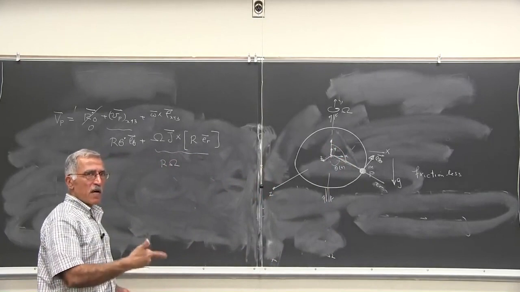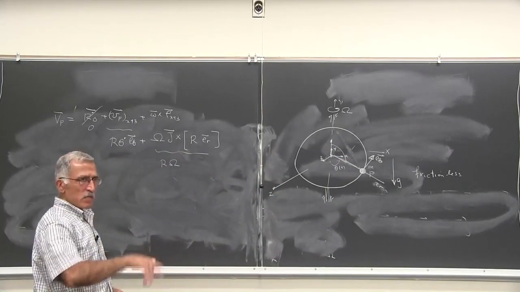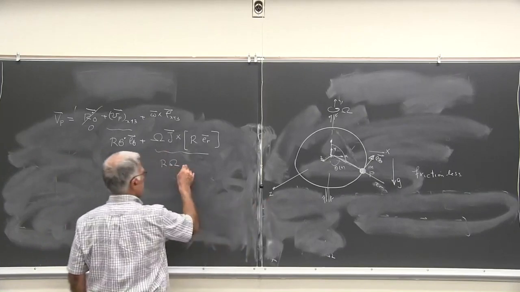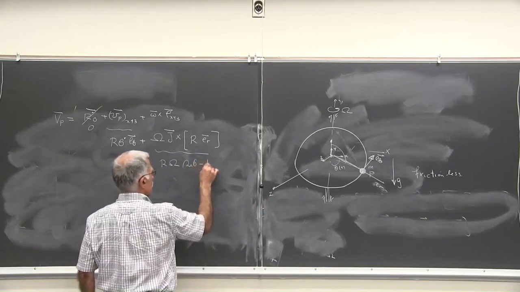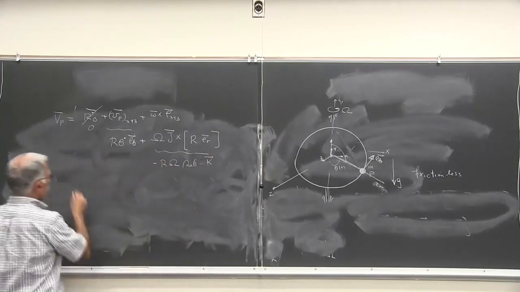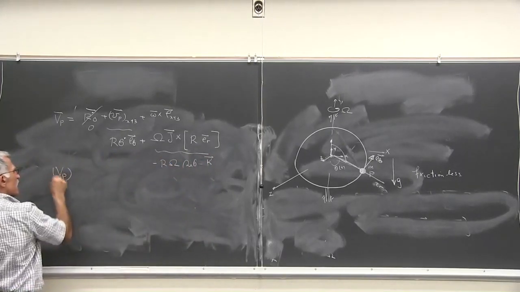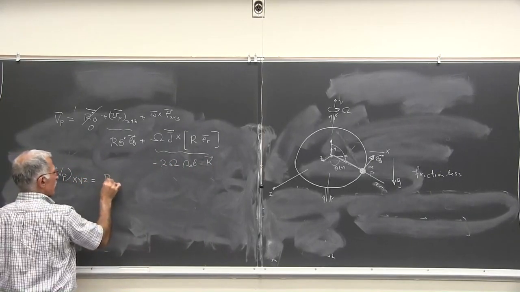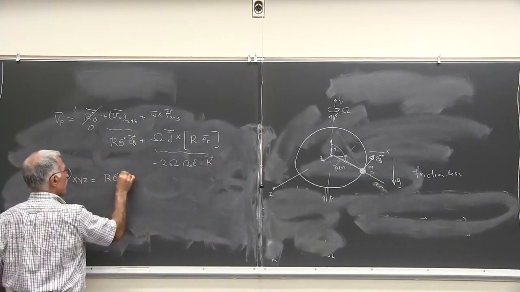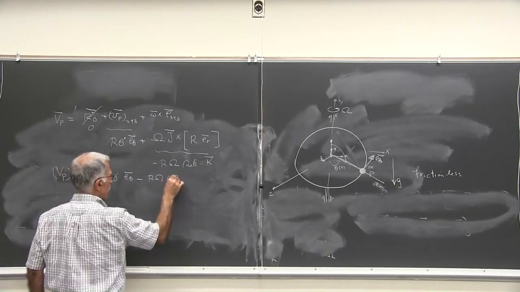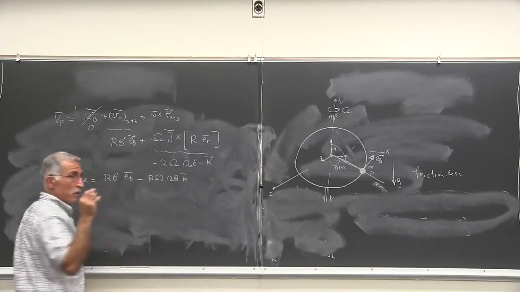Sine in between, sine of pi minus theta, becomes sine theta, and the direction of that one is in the direction of negative k. So the velocity of point P with respect to the main reference frame is equal to r theta dot e theta minus r omega sine theta k, where k is perpendicular.